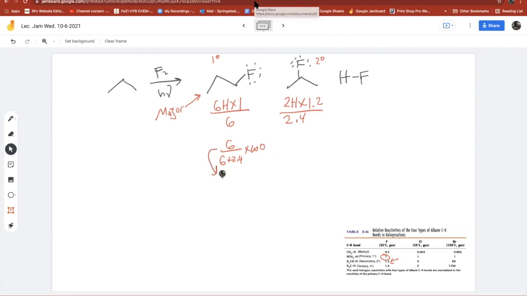That's 71% yield is what we're predicting for that one. But the other one, it's 2.4 over 6 plus 2.4 times 100. And that is 29% yield. So yeah, it's our major product, but we still get a lot of that secondary fluoride.